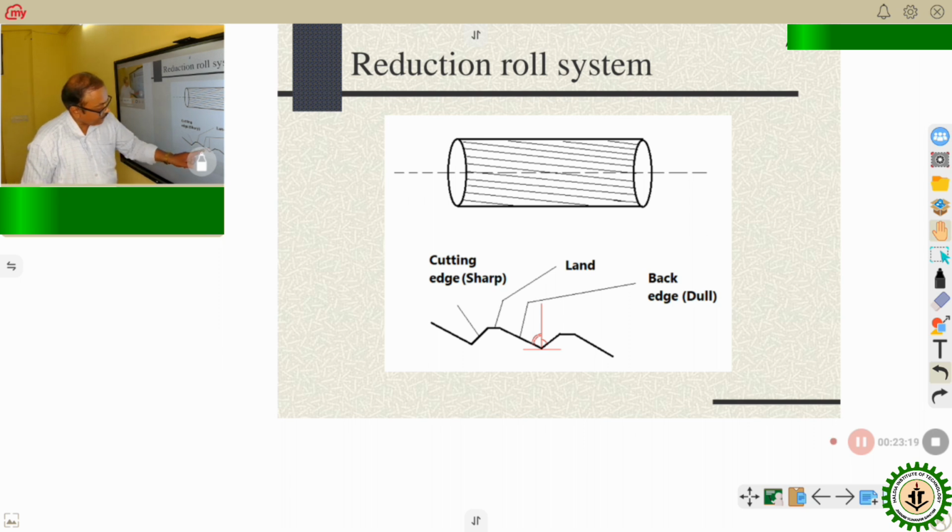Now this side is the cutting edge, this side is the back edge or dull edge. This is called sharp edge, this is dull edge. The dull edge actually gives a compression action while the sharp edge gives a cutting action. This is the break roll design.